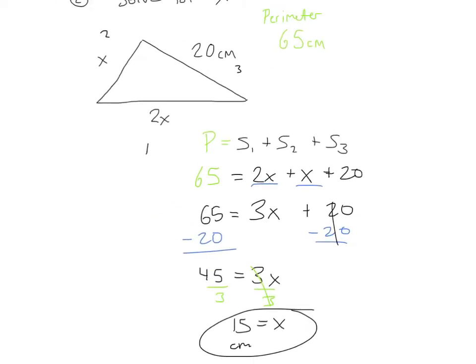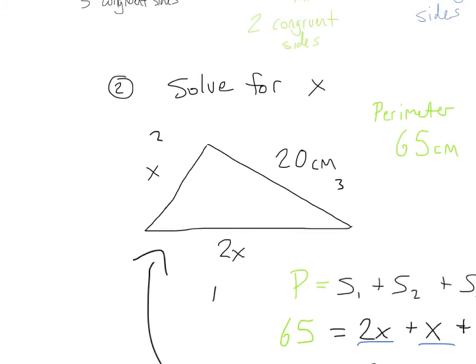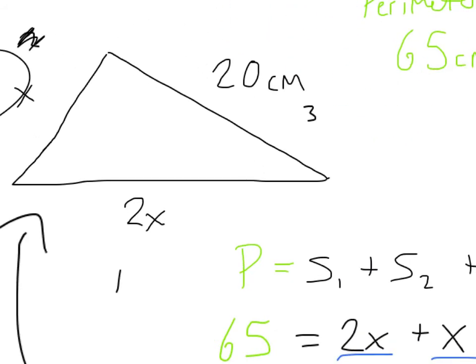But what if I said, hey, how long is that side right there? Well, it's actually 15, right? That side is, cross that little guy out, 15 centimeters. But what about that side, though? Well, if x is 15 centimeters, then 2x means that side right there is actually 2 times 15, which is 30 centimeters.